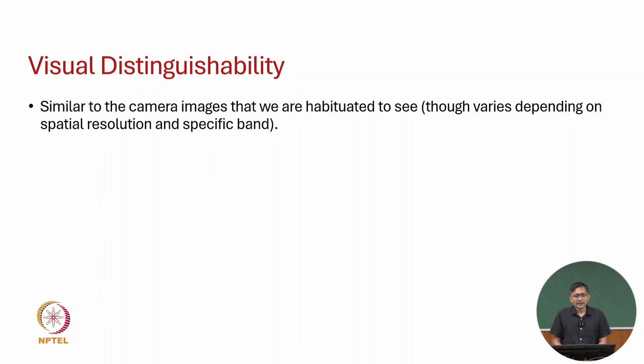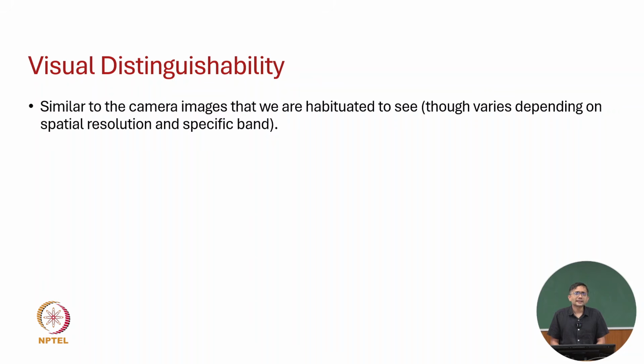What happens with these bands is that, similar to the camera images that we are more habituated to seeing, in the multispectral image the other bands are also generally visually distinguishable, though how much you can visually distinguish may vary depending on the specific band we are talking about.